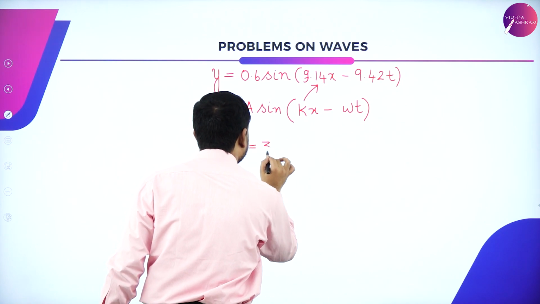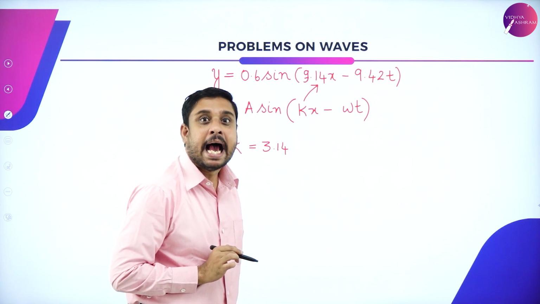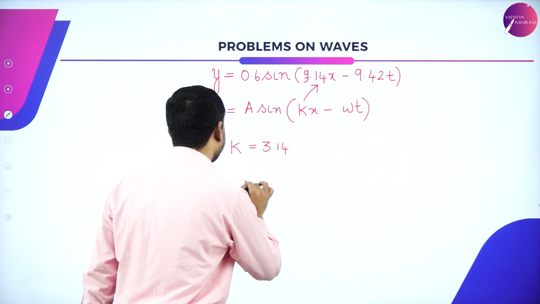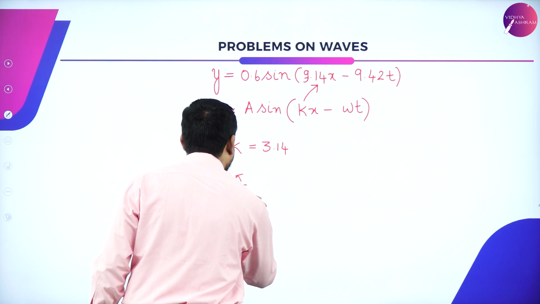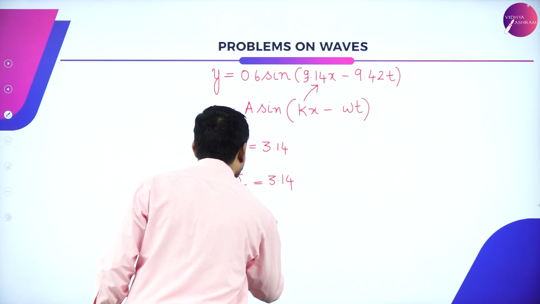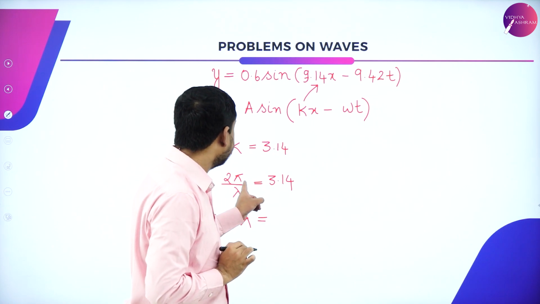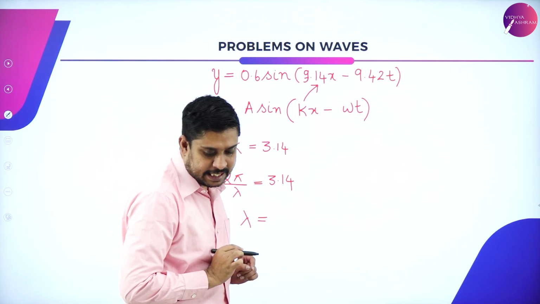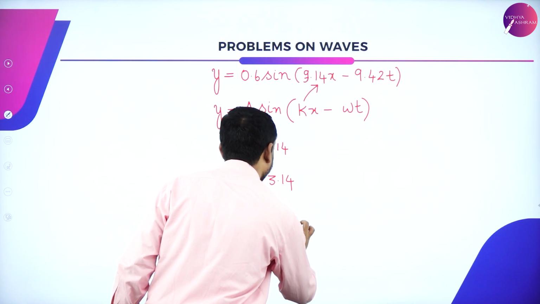K is 3.14, angular wave number 2 pi by lambda is 3.14, or simplification says lambda is equal to 2 meter.